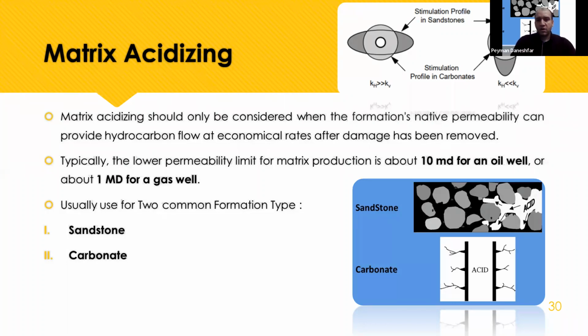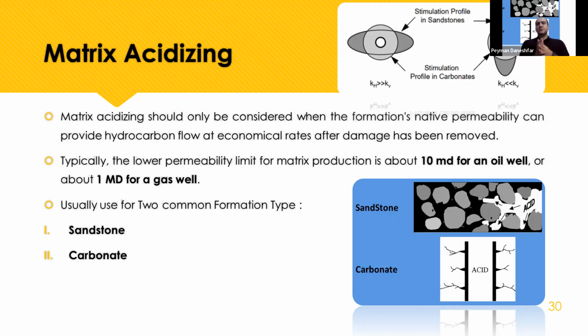this is a normal text that maybe some guys told you before, that typically the lower permeability limit for matrix production is about 10 millidarcy for an oil well or 1 millidarcy for a gas well.